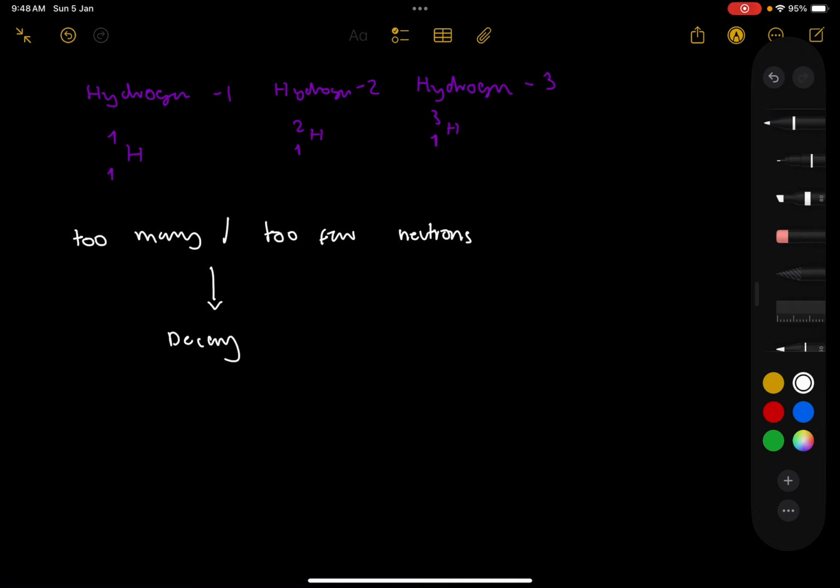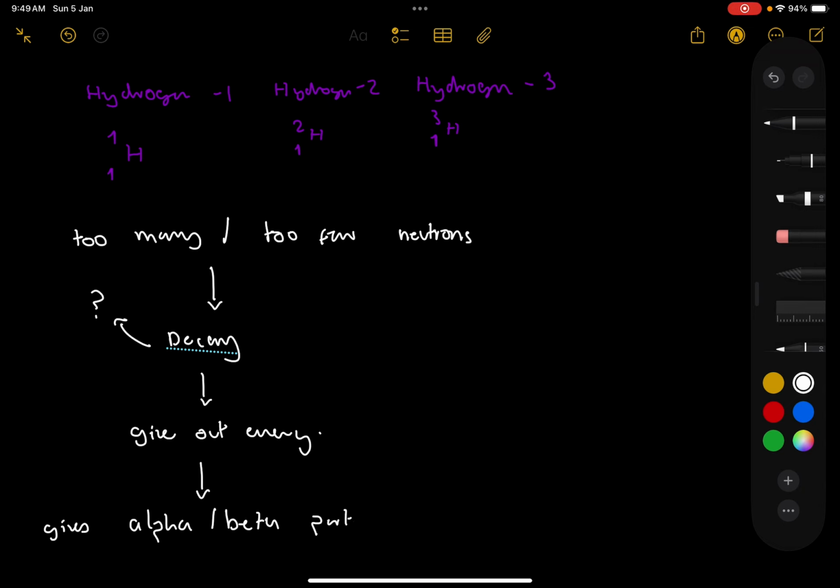So when the nucleus of the atom decays, it will give out energy. And we're going to go over what exactly decaying means in the next video. But it gives out energy, and it may also give out alpha or beta particles.